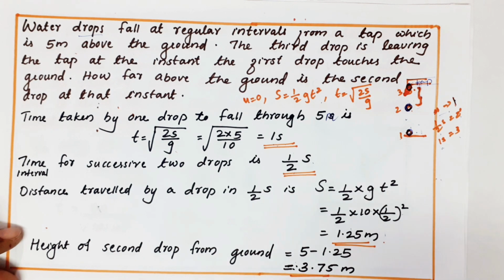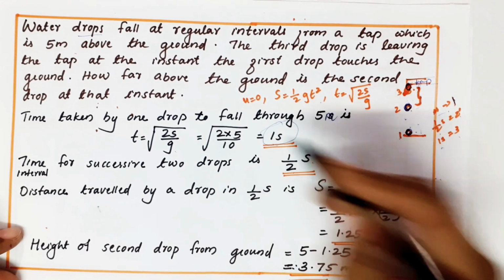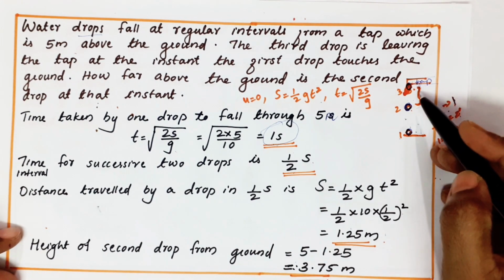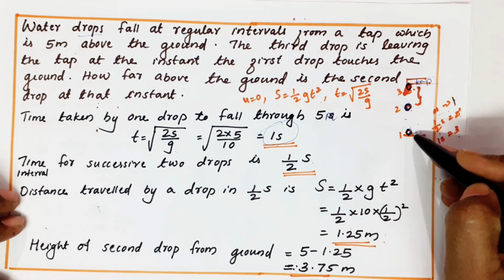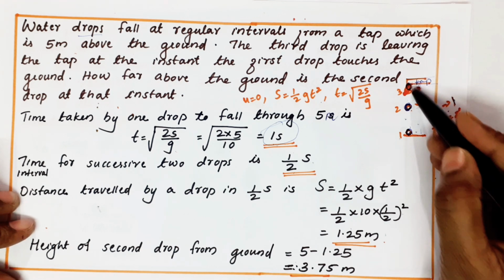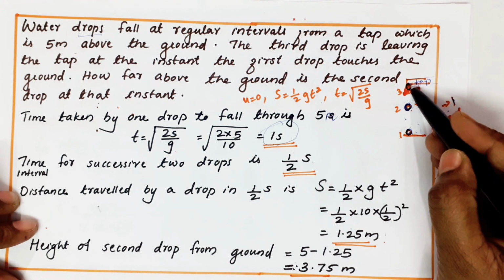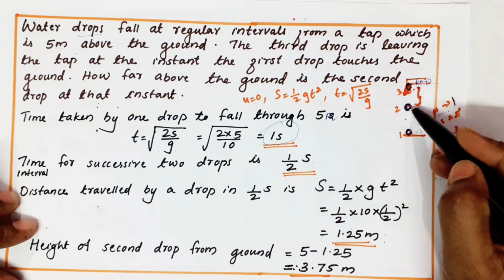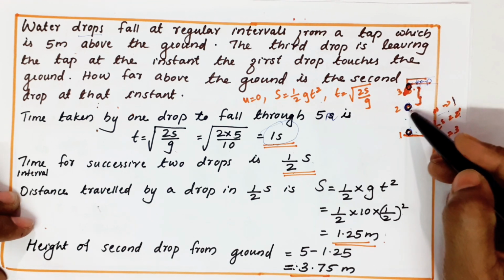I'll tell again. First I calculated what is the time taken for the first drop to reach the ground. I got it as 1 second. Then we know that between each drop we have a time interval of half. So when half second is covered, the first drop reaches here and the second drop started. After one more half second, first drop reaches ground, second drop reached here.